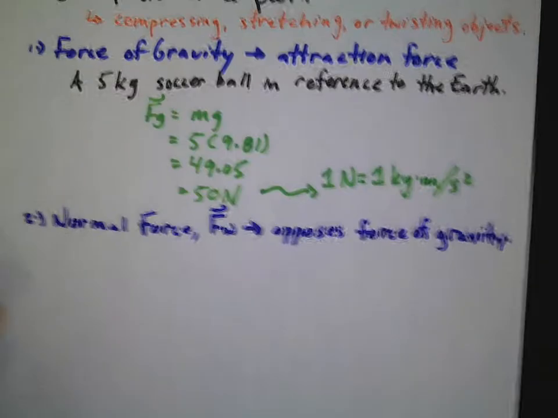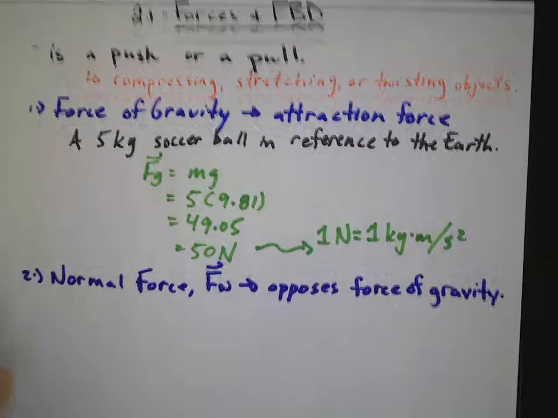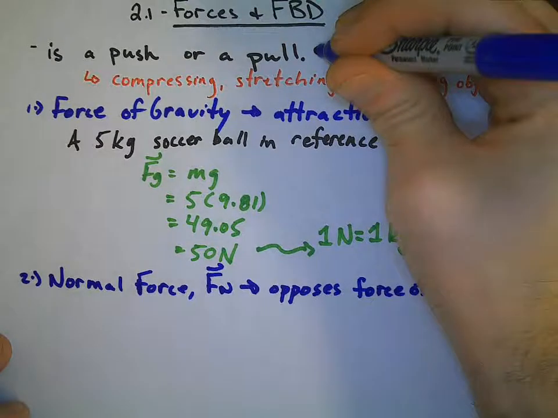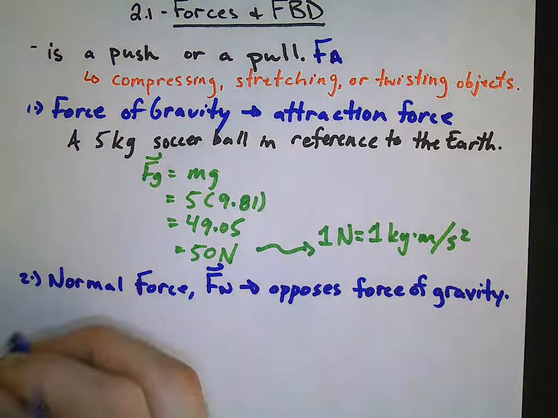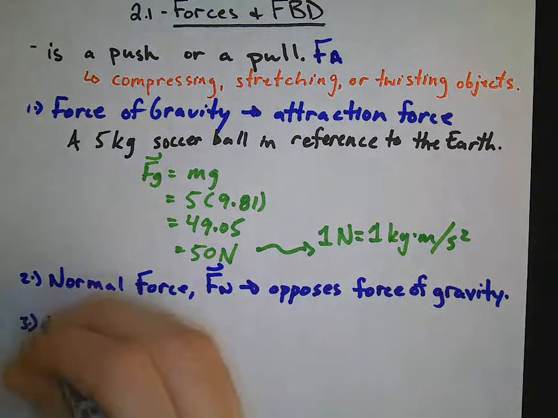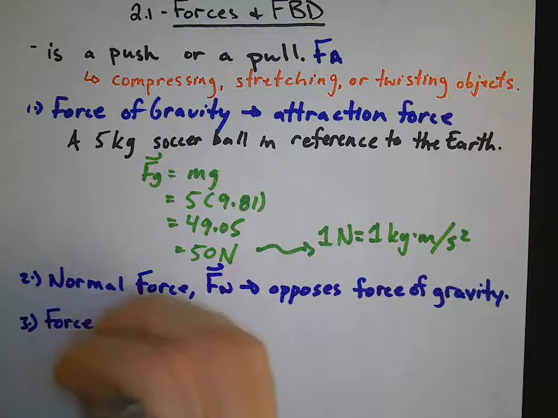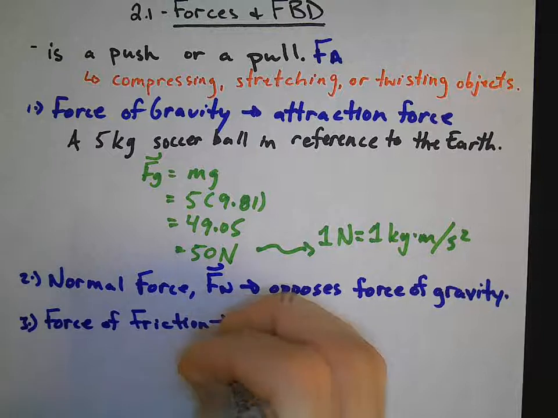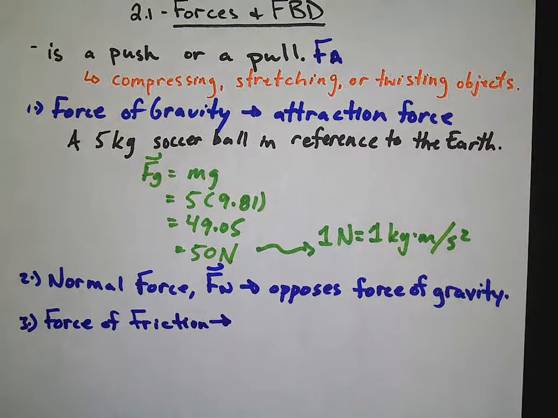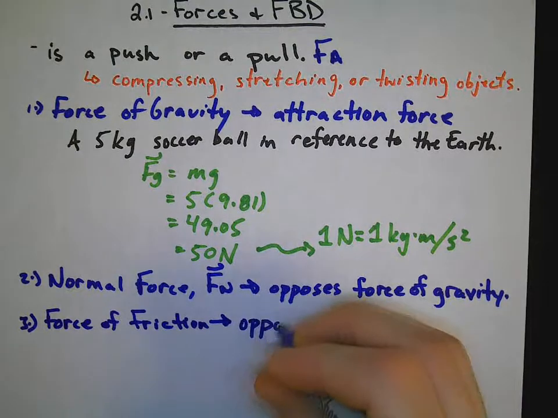I should remind ourselves up here, when I'm talking about a push or a pull, that is usually our applied force, Fa. We have our force of friction, which opposes the applied force.